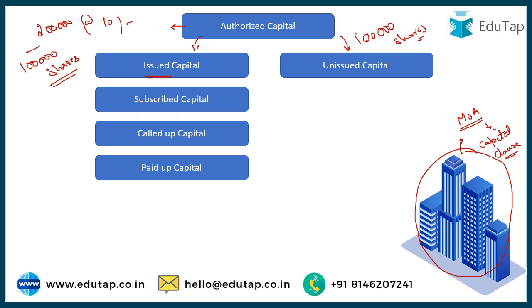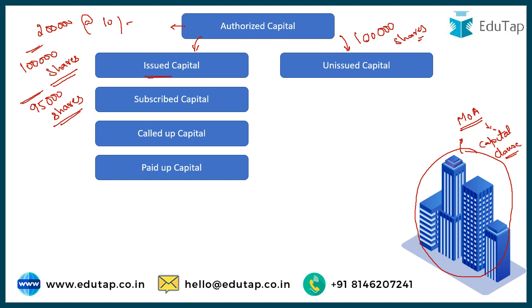So the company has decided I'm going to issue 1 lakh shares to the public. It comes up with a public issue, with an IPO, and there are huge advertisements of the company in papers and people are invited to apply for the shares of the company. But ultimately not all the investors are interested in investing in the company. Ultimately only 95,000 shares of the company were subscribed by the public, taken up by the public.